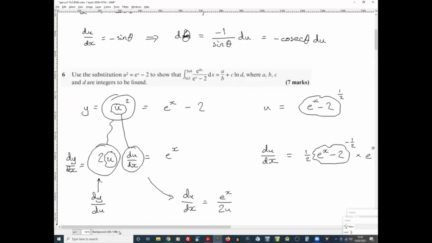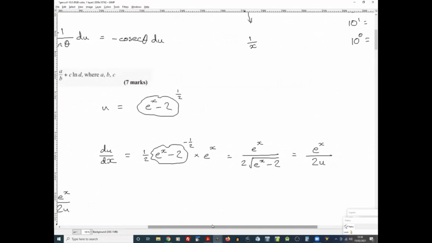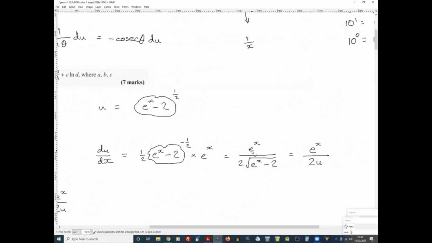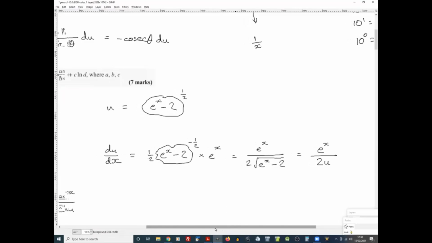When we did the first one, how did you manage to get e to the x over 2u? Are you clear how we managed to get e to the x over 2 times that square root? Well, to the minus half, that's going to be over that.